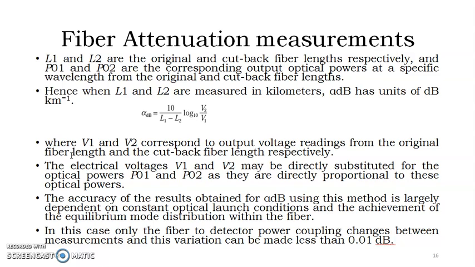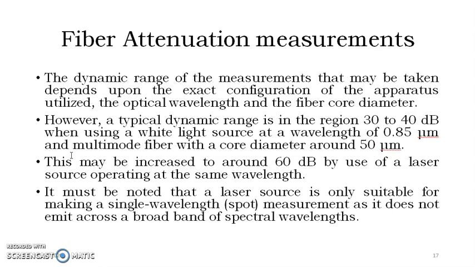In this case, only the fiber-detector coupling changes between measurements, and this variation can be made less than 0.01 dB. And that is about your fiber attenuation measurement. We can use this fiber measurement for a specific length.